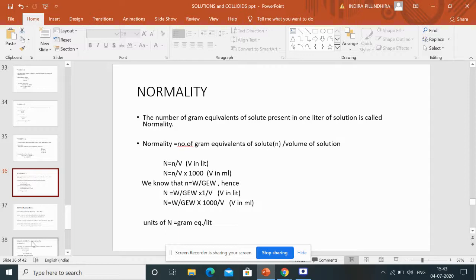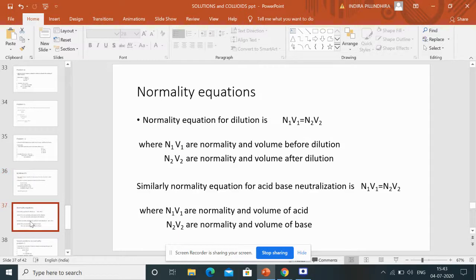Now, in the same manner as we have seen for molarity, here also we will see the normality equations for dilution and for neutralization. Okay, now we'll move to the next slide. Normality equations. The normality equation for dilution is N1V1 is equal to N2V2, where N1 and V1 are the normality and volume before dilution, and N2 and V2 are the normality and volume after dilution.